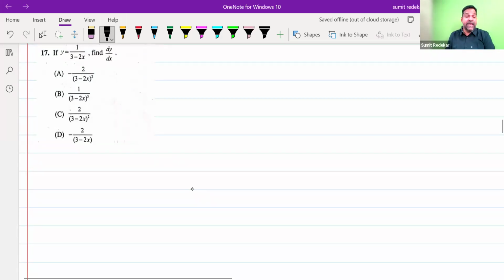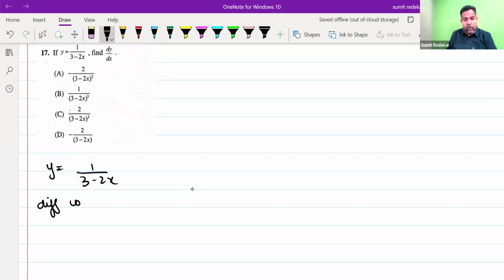Question number 17, they asked derivatives. They asked what is the derivative of 1 upon x? So if the question is y is equal to 1 upon 3 minus 2x, I will say differentiating with respect to x, dy by dx is the derivative of 1 upon 3 minus 2x.